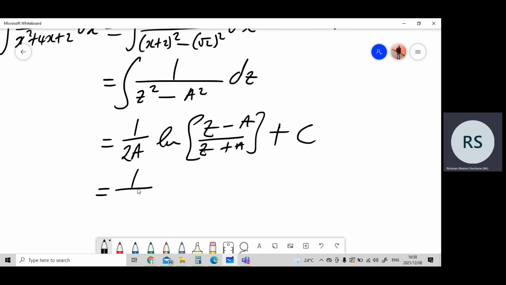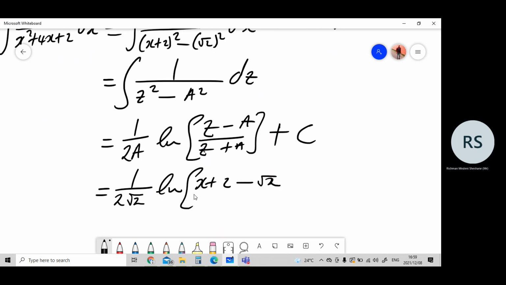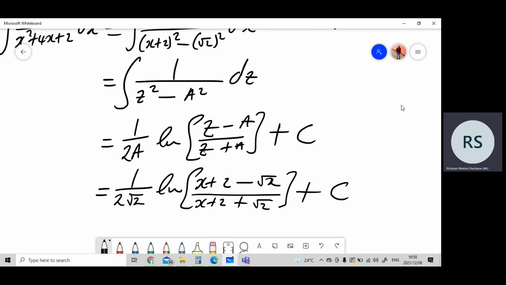This is 1 over 2 times the square root of 2, ln of z, z is x plus 2, minus a, square root of 2, over z, which is x plus 2 plus square root of 2, okay? And then plus c.